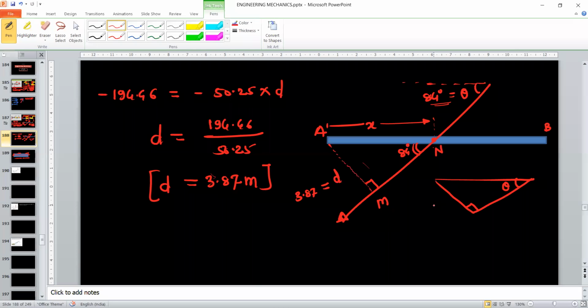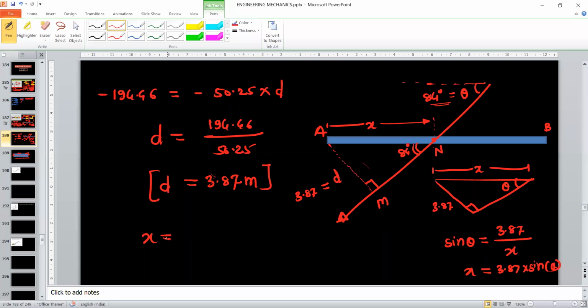Then this is the known distance, which is 3.87, and this is the unknown, which is the hypotenuse. Okay, so use sine theta is equal to opposite, 3.87, upon the hypotenuse, which is x. So x is equal to 3.87 upon sine theta. Okay, so put the value of theta and get the value of x.